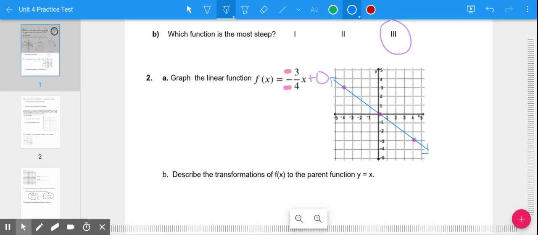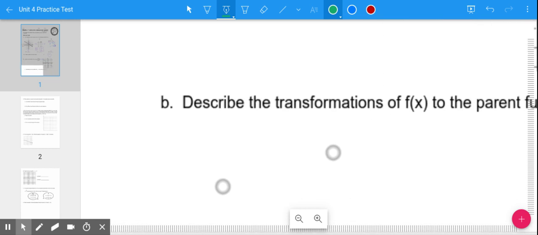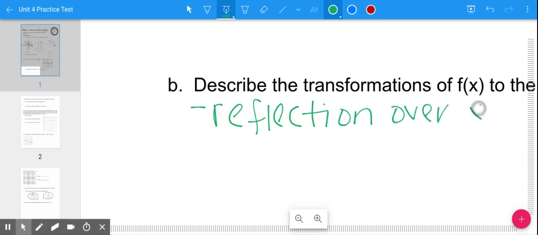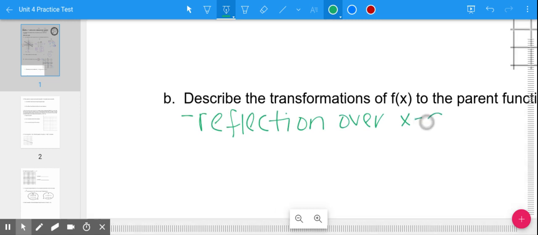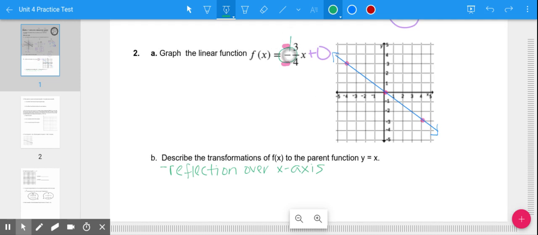Now it's asking, describe the transformations to the parent function. So the first thing I'm going to look at is there's a negative in front. So this means a reflection over the x-axis. I next look at what my slope is. So my slope on this problem is 3/4.